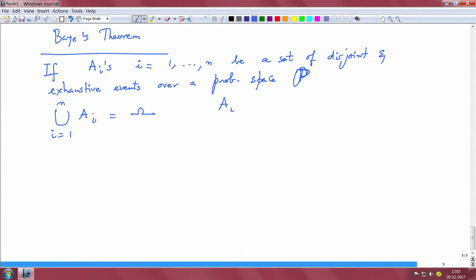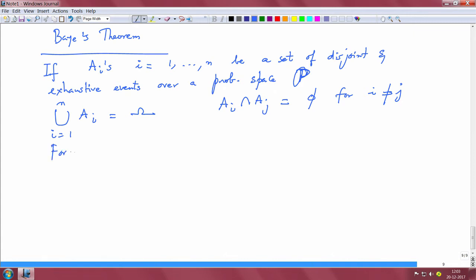Let us assume that A_i intersection A_j is null for i not equal to j, that is, take two events and they do not jointly occur, it is a null.